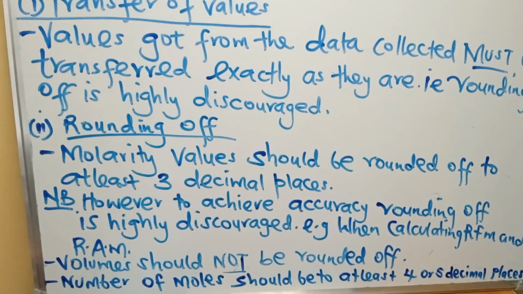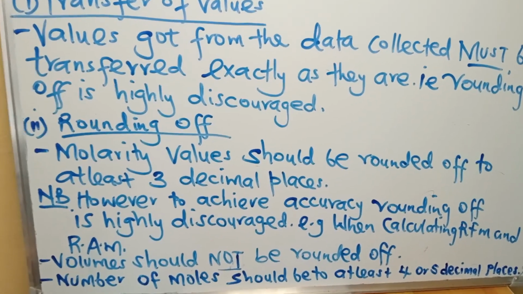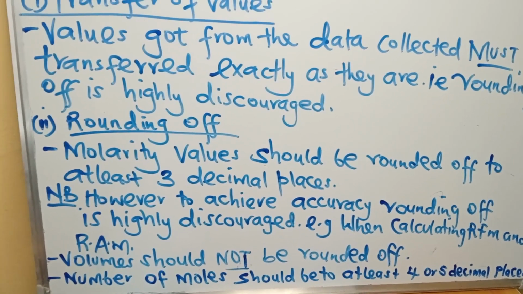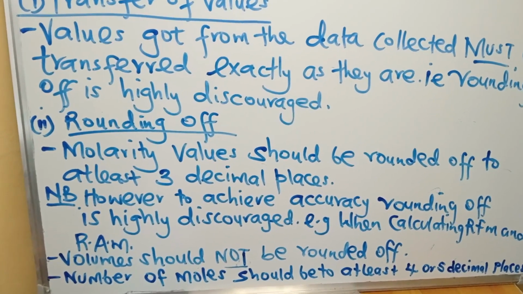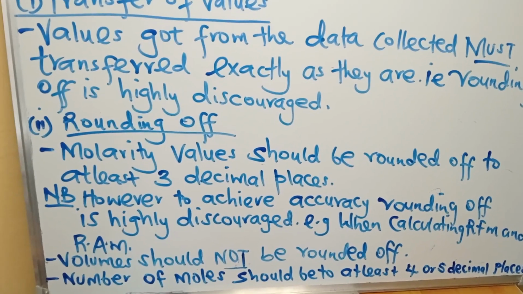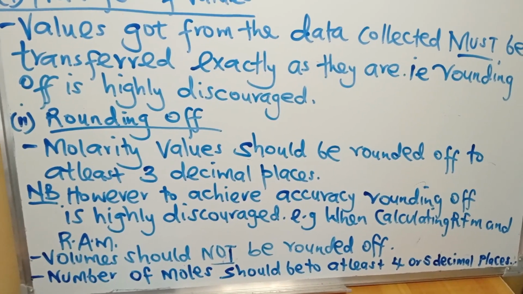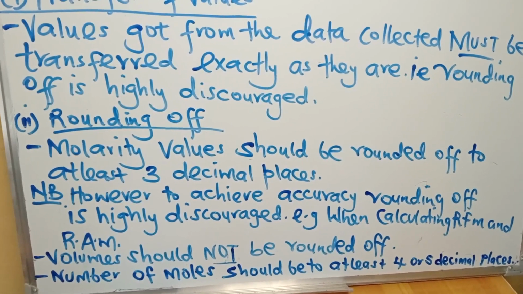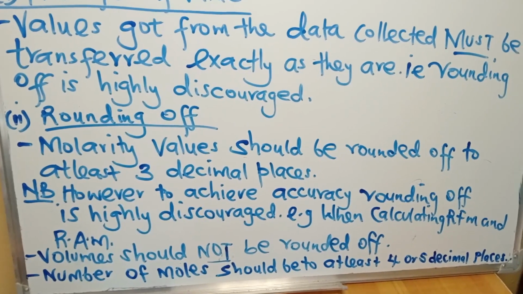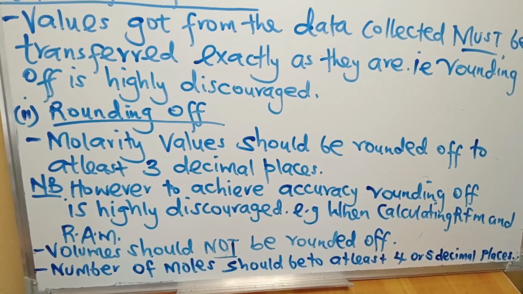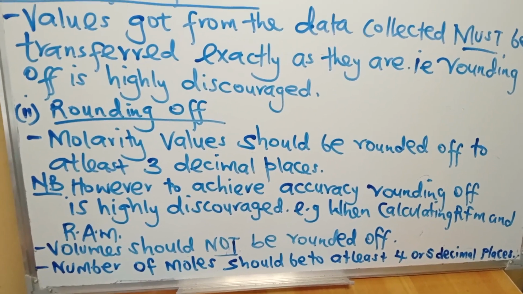So again, we go back to point number 1, that if you want to achieve accuracy, avoid rounding off as much as you can. There are those calculations that deal with the calculation of RFM, or the relative formula mass, and also the RAM, the relative atomic mass.